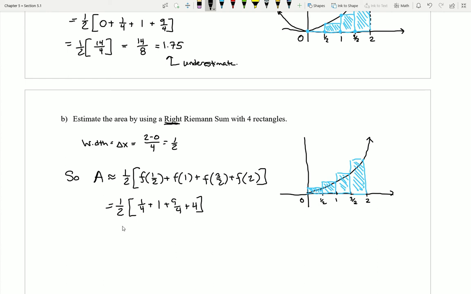So overall, this is going to be the same thing as 1/2 times, let's see, I could write this as something like 0.25 plus 1 plus, what would this be? That's like 2.25 and then plus a 4.